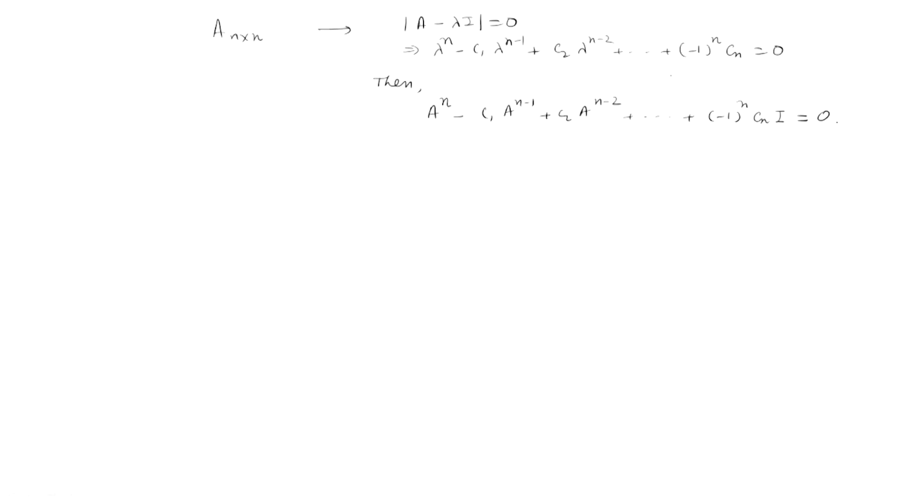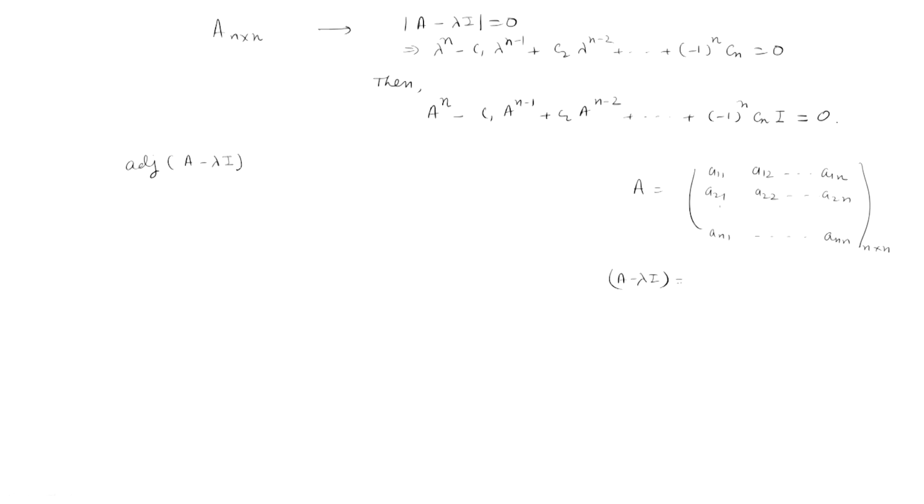You see, in order to prove, let us find the adjoint of A minus lambda I. What is matrix A? Suppose matrix A is a11, a12 and so on up to a1n, a21, a22 and so on up to a2n, an1 and so on up to ann. This is the n cross n matrix A. And what is A minus lambda I?